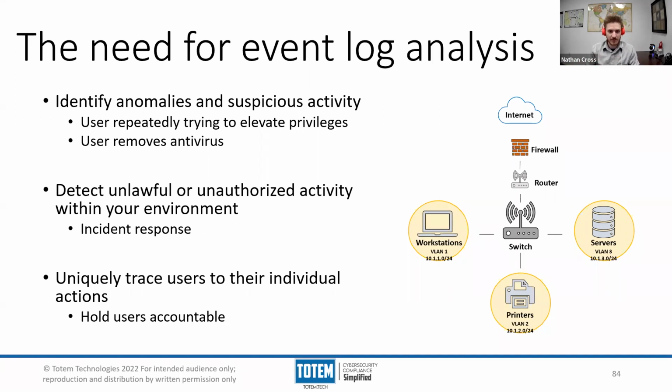If we see that, say, one of our marketing associates is repeatedly trying to elevate their privileges to get through user account control, we would know to flag this as potentially suspicious because it's abnormal behavior compared to what we would expect to come from a marketing associate. They have no need to use user account control or to use administrative privileges. So the fact that they're trying to continually bypass it is suspicious. It might not be an actual threat, but we now know that we should investigate it.